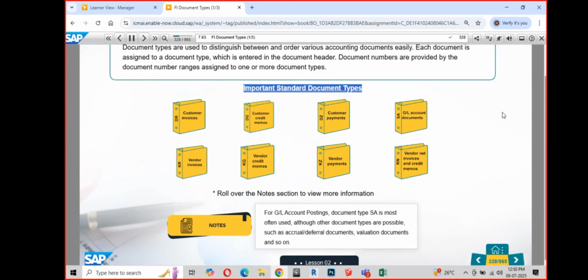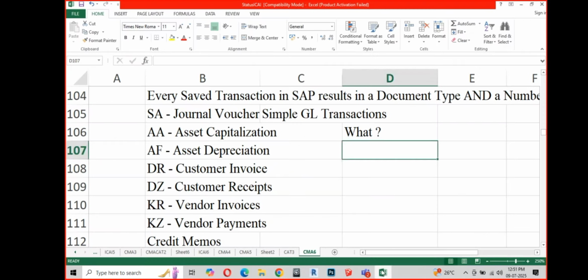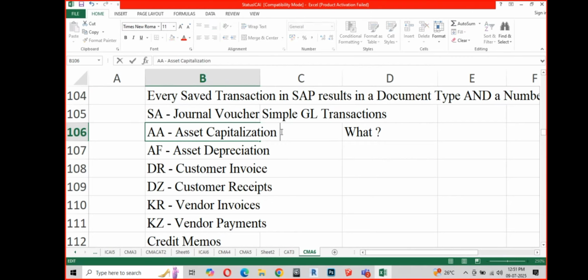Okay, let me start with this. What do you mean by asset capitalization? Acquisition. Now, let me say I'm working in an organization.